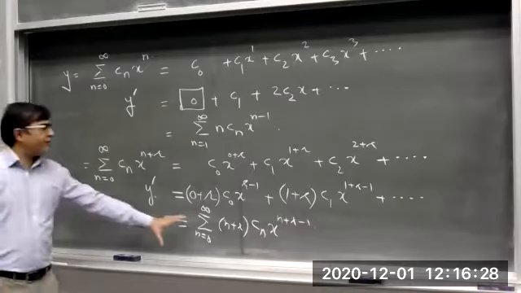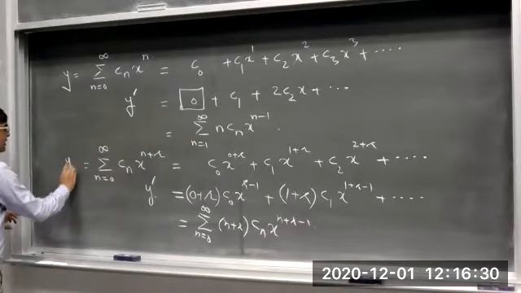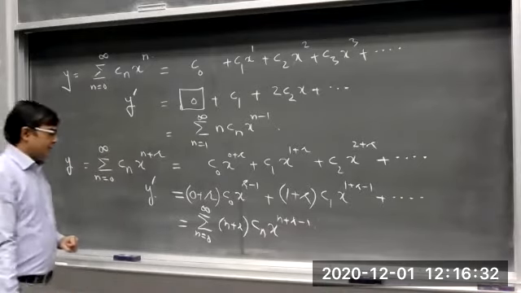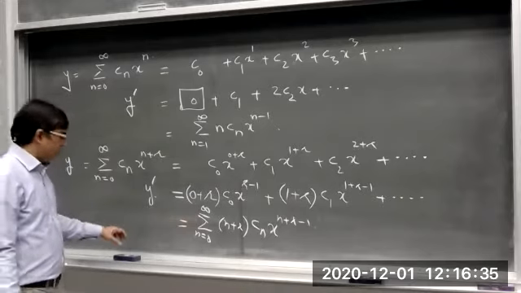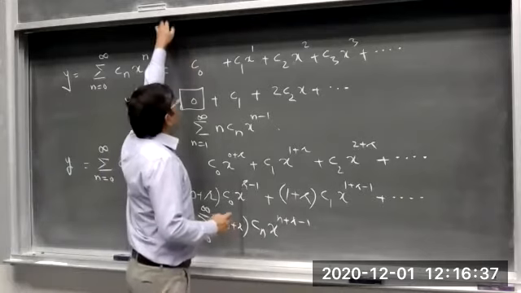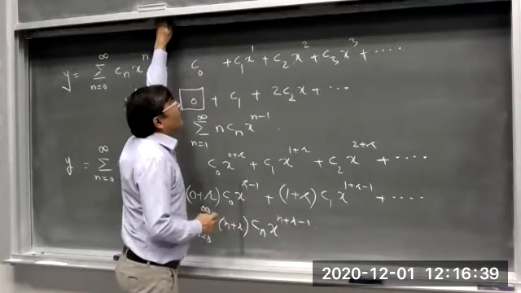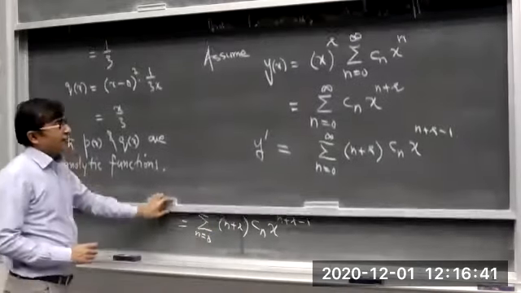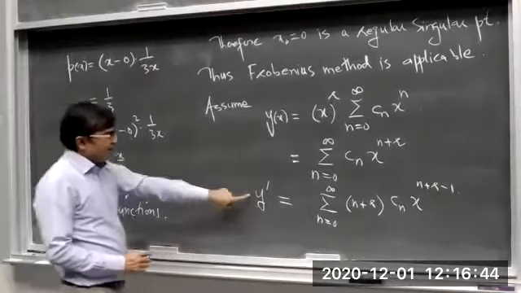This is the derivative of this Frobenius power series, and the summation still starts from 0 in this case. Now let's come back to our problem. Its first derivative is this.